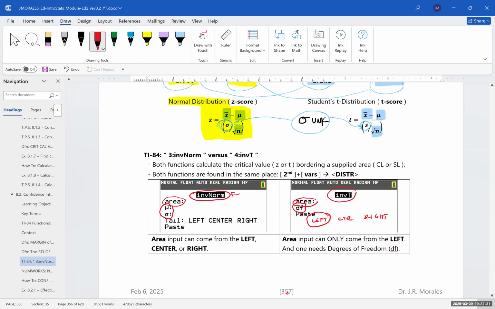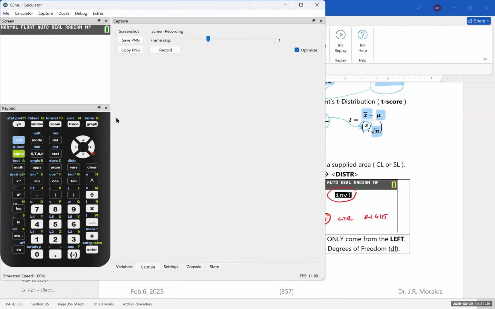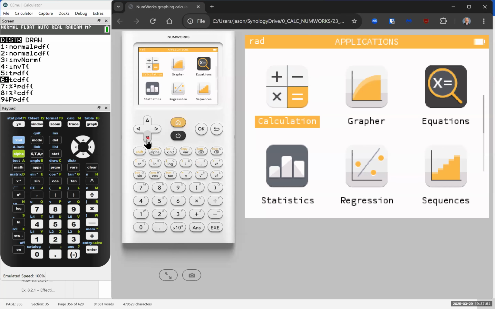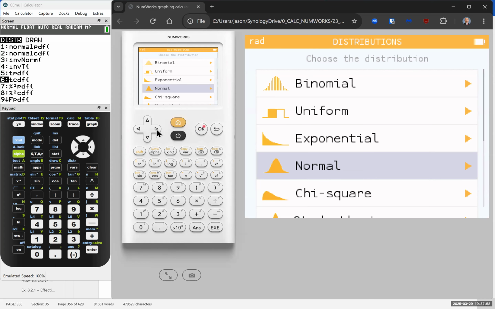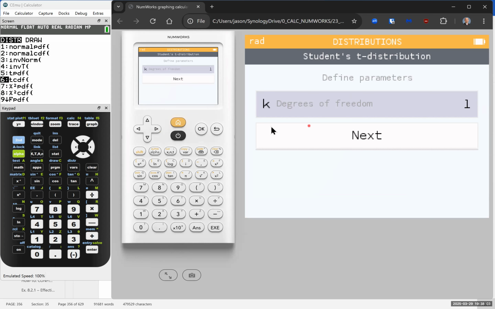Let me show you the CDF function really quick. With the Texas Instruments, if we go to the distribution functions, you'll see there's inverse T and there's TCDF. That's option 6. And again, with the NumWorks calculator, just to be complete, in distributions, you want to go down to student's t, put in your degrees of freedom.